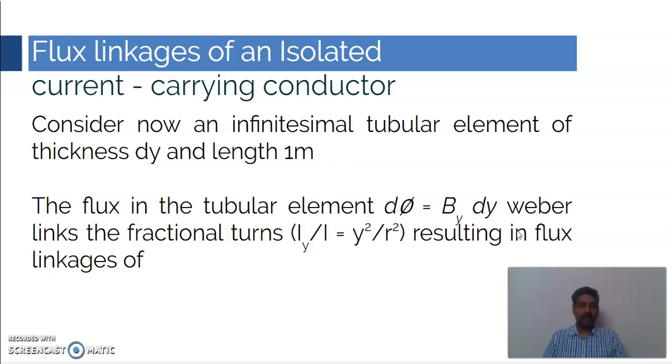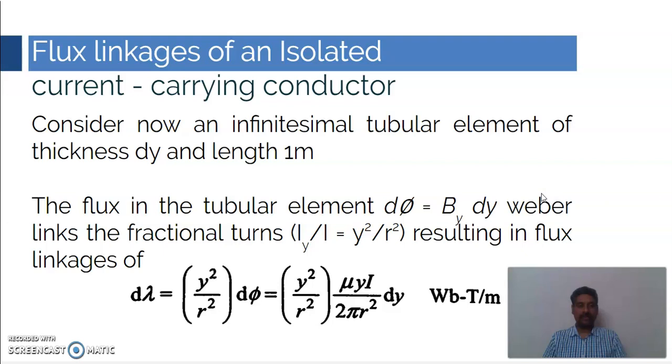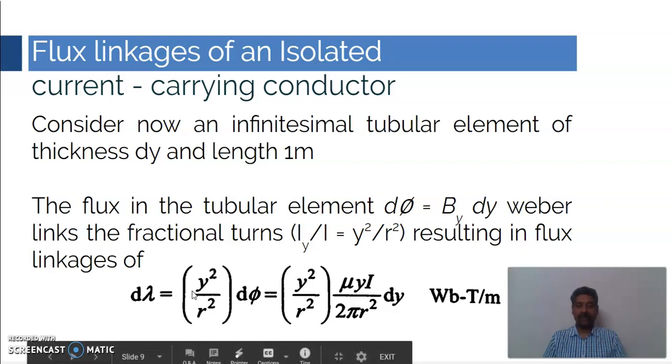So it's going to be Weber turns, and for the fractional term, we already calculated Iy by I is equal to y square by r square. Now the total flux linkage can be written as d lambda is equal to y square by r square times d phi. This is the fractional flux linkage, the flux that is linked with this fractional part of the conductor.